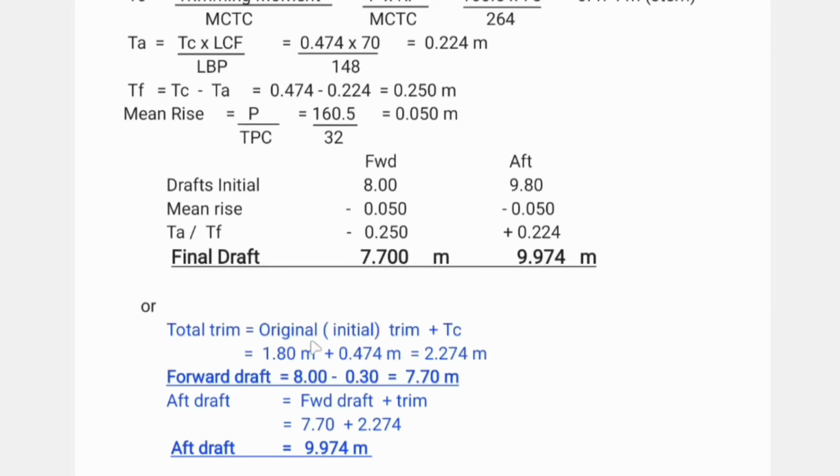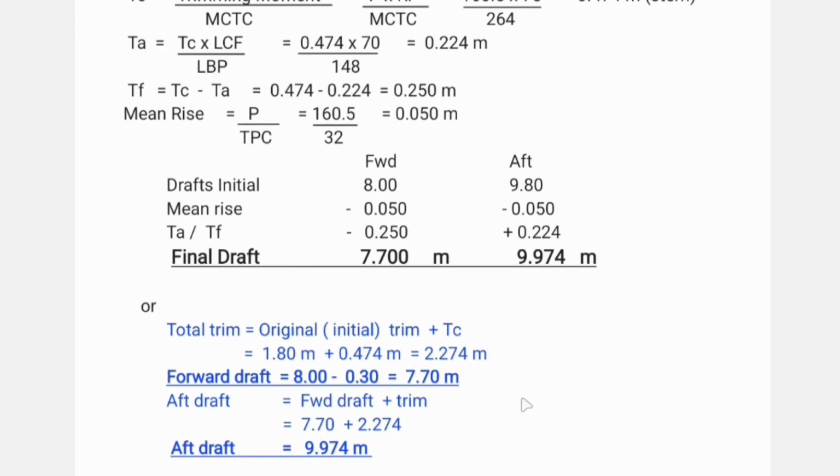Therefore, total trim is 1.80 plus 0.474, which is equal to 2.274 meter. Forward draft is equal to 8 minus 0.30, that is 7.70 meter. Aft draft will be forward draft plus trim, that is 7.70 plus 2.274, so aft draft is equal to 9.974 meter.